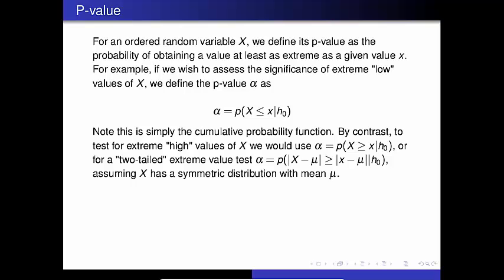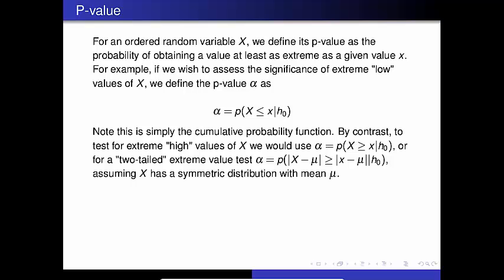The one little twist that you need to be mindful of here is there's a question about what kind of extreme you're looking for. Are you looking for extremely low values? Are you looking for extremely high values? Are you looking for values that just deviate far from the mean? You would actually devise different p-value tests for those three cases, right? So if we're looking for small values of x, then we would use this form.